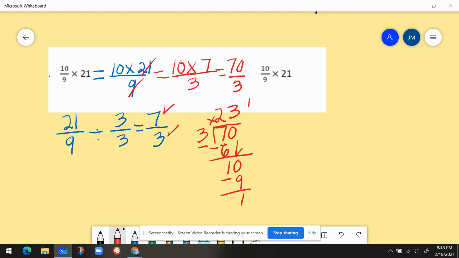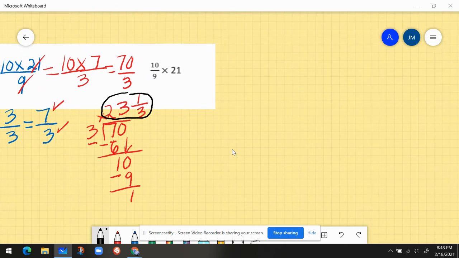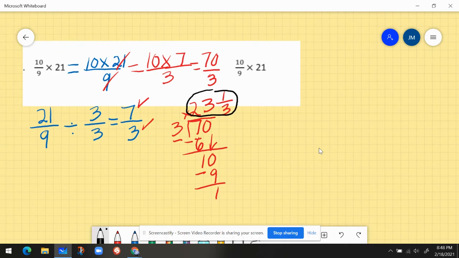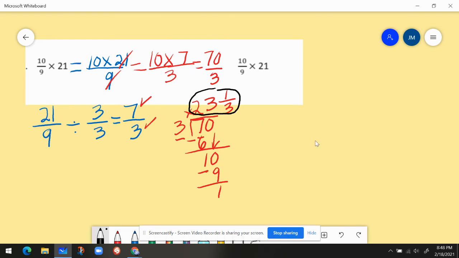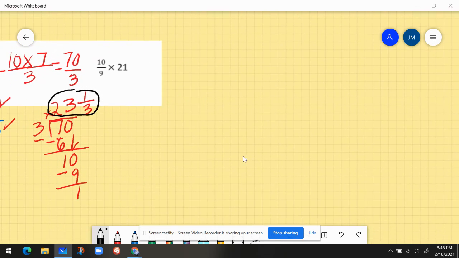Our remainder is 1, and the denominator is always the same, 3. Okay? So now the answer for this problem is up here, as we just shared it: 23 and 1/3. Okay, let's do the second problem, which is right here on the left side. And notice that reducing these numbers here makes it a lot easier and faster to solve.